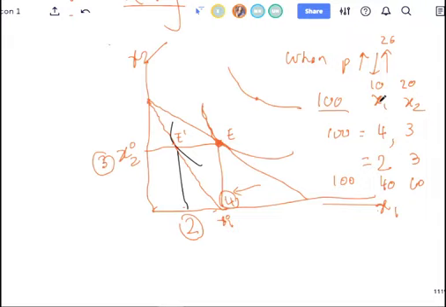Imagine the example is, let's say, 15. What happens now? This becomes 30, and this becomes 60, so this becomes 90. So you realize that as I'm changing my purchasing behavior, I cannot go beyond my budget.